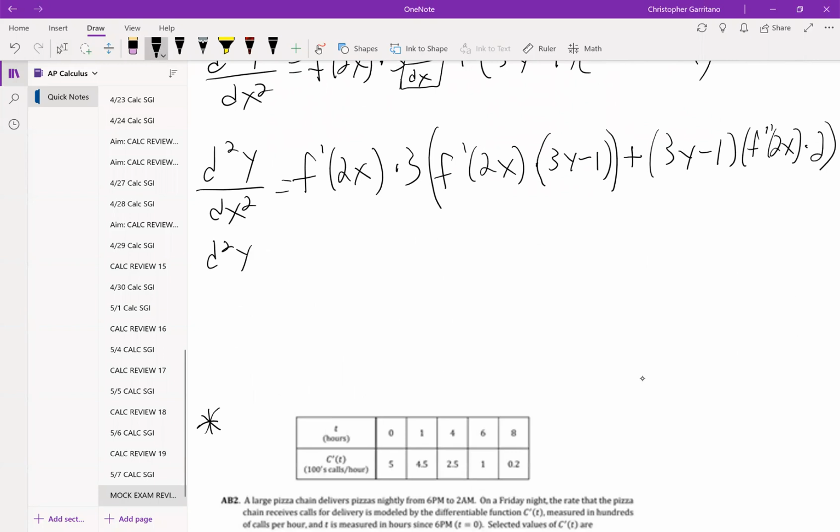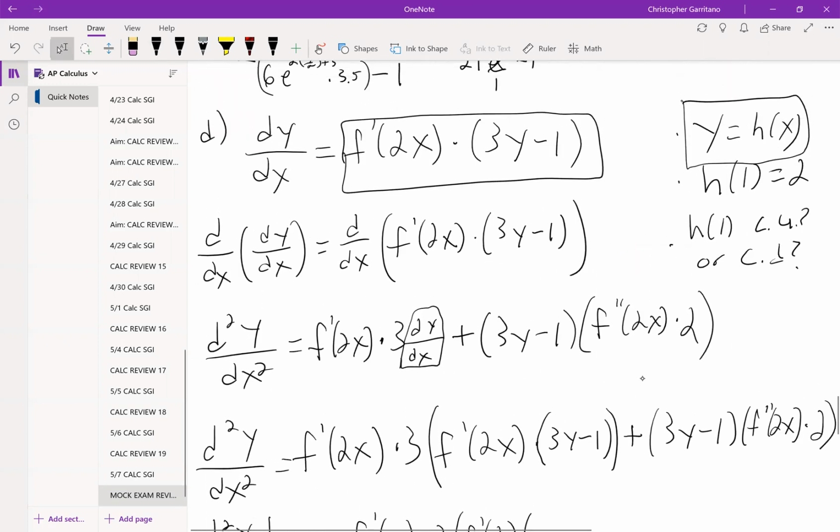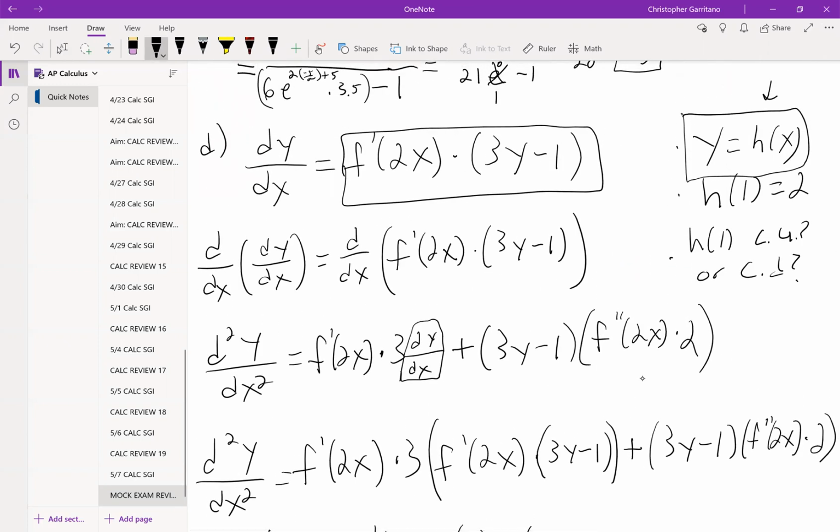Sounds simple. There are going to be a few tricky things along the way, but let's just do that. So we're going to plug in x equals 1. So that gives us f prime of 2 times 3 times f prime of 2 times, all right, so we have 3y, but remember y is equal to h of x, as we see here.